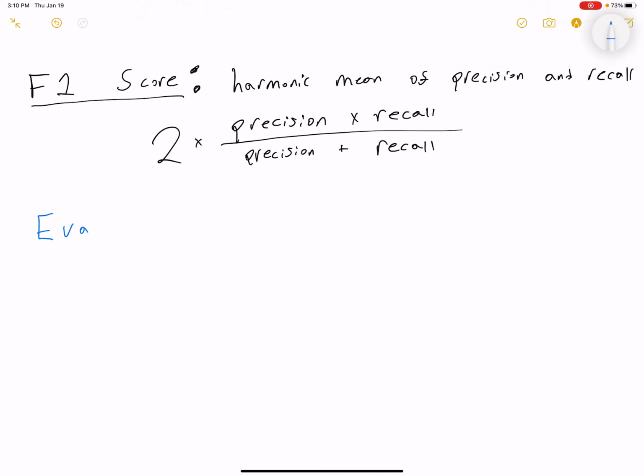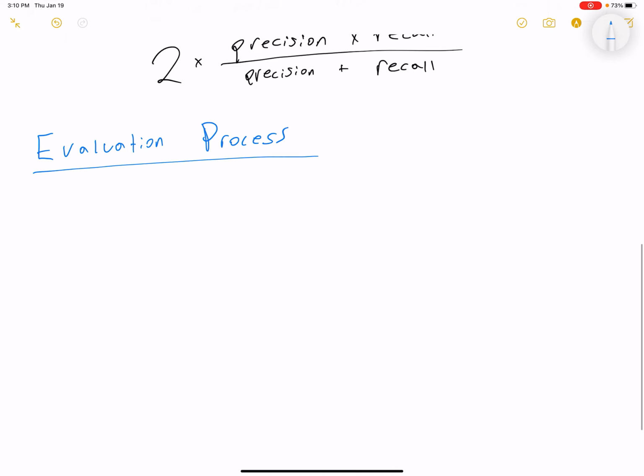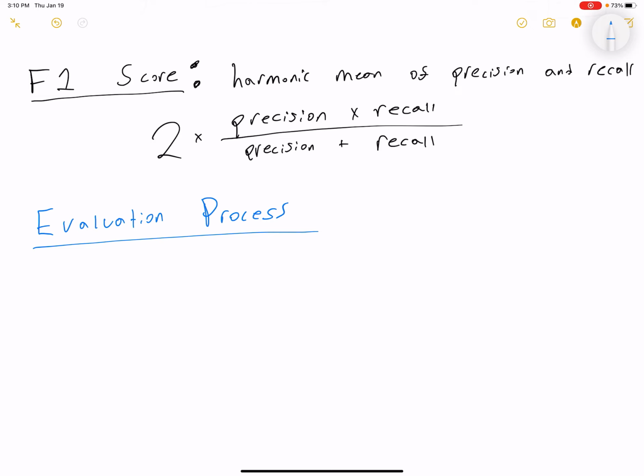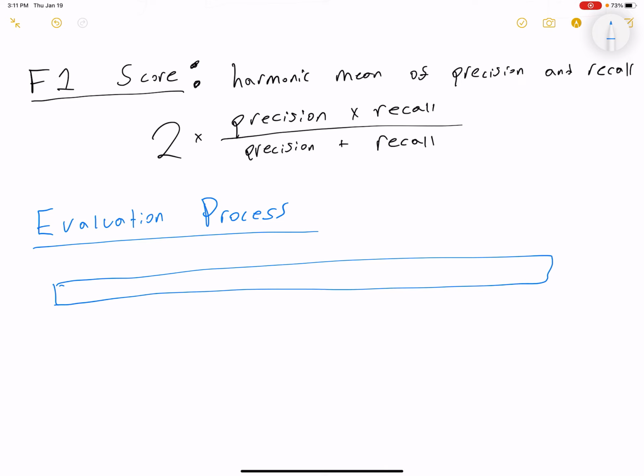Okay, so let's zoom out now and talk about the general evaluation process for machine learning. In machine learning, you tend to have a data set, which I'm going to draw as a line. This is our data set.